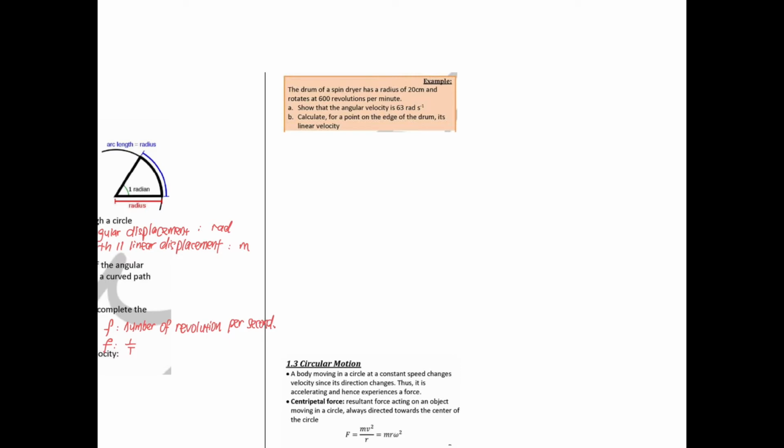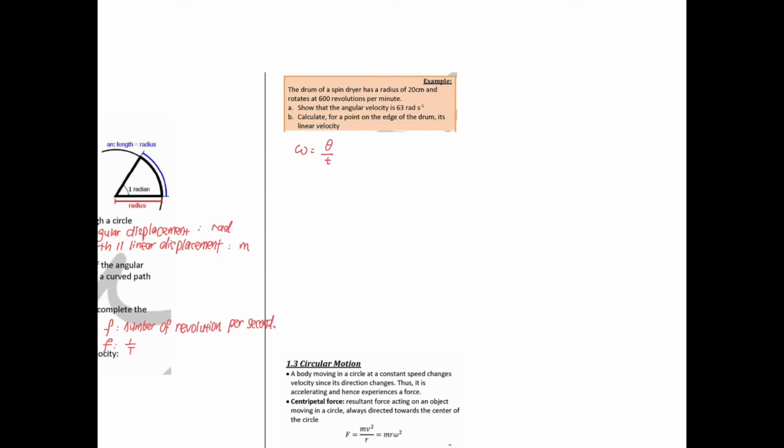So you have to use angular velocity, where angular velocity is omega. So let's write down the formula first. Angular velocity is omega, which is theta over t. So we need to have information on how much time it spans for a particular angle.